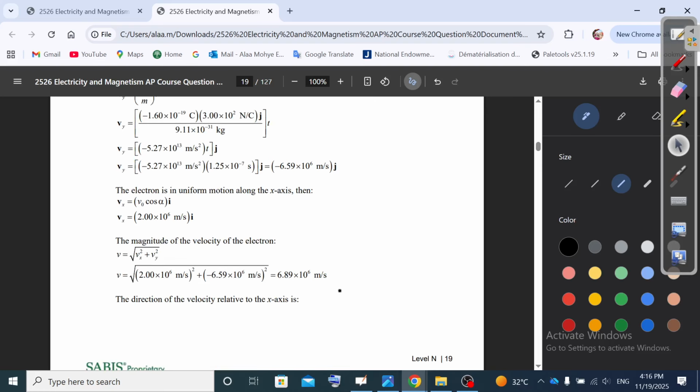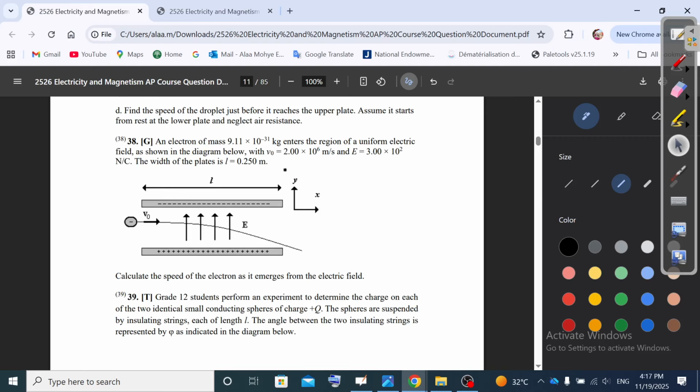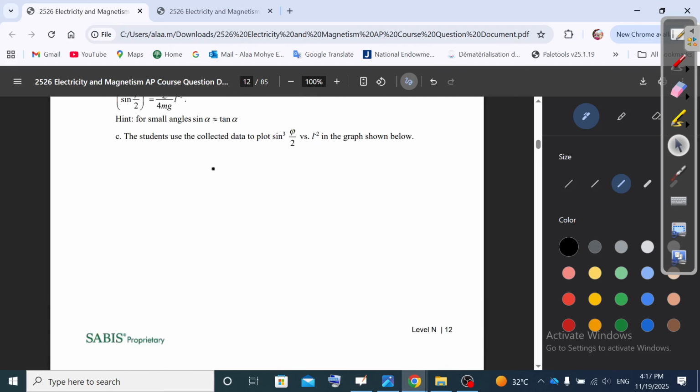Then plugging it on the calculator to find the magnitude: 2 times 10 to the power of 6 squared plus minus 6.586 times 10 to the power of 6 all squared. You get 6.89 times 10 to the power of 6. Yep, there we go. So that's how to do that question. This question comes a lot, so please know how to solve it, please.